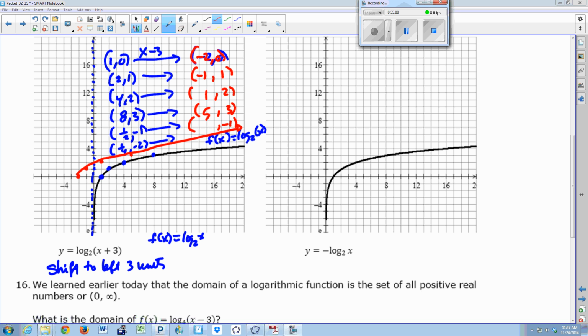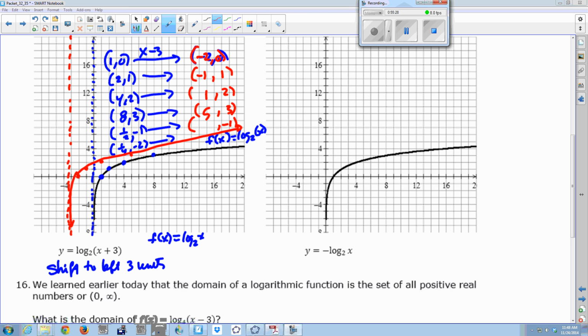And now the big idea here is if my vertical asymptote was this line x equals 0, this whole thing moves to the left 3 units. So right through -3, boom, boom, boom, I have my new vertical asymptote. And so this function comes down and hugs that all the way down to negative infinity. Okay? So there's the graph of log base 2 of (x + 3).